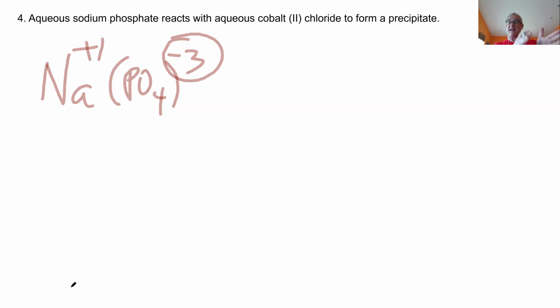Right. So that is actually what I'm going to get when I put them in water. And it says aqueous sodium phosphate. So that is what you're going to get when you dissolve them in water. But that is not the formula for sodium phosphate. How do we figure out what the formula for sodium phosphate is?